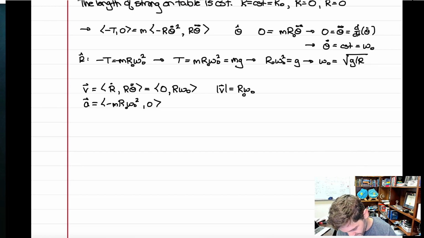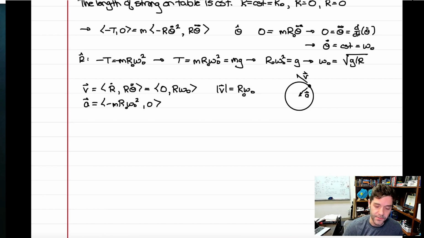That's the whole idea with center-seeking forces in centripetal motion. It goes towards the center of the circle. And if the velocity is always perpendicular to your path, that can only change the direction of v, not its magnitude, and you get uniform circular motion.